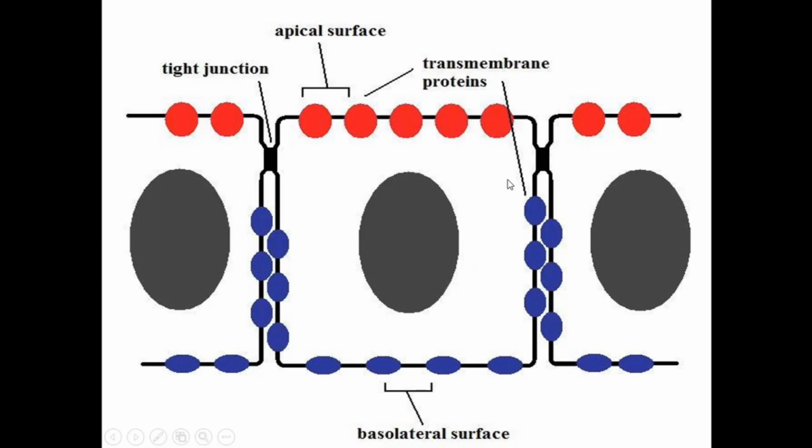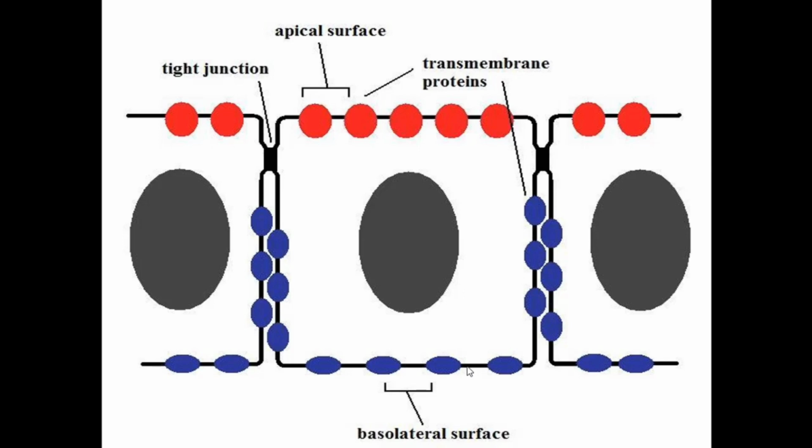Another function of the tight junction was shown here, and that is you see the tight junctions between the three epithelial cells. As you know, we have a lot of protein in the cell membrane, and these proteins also can move inside the cell membranes. We call it cell membrane fluidity.